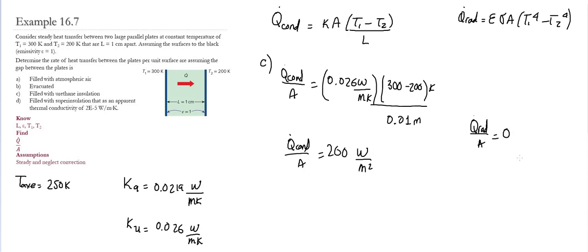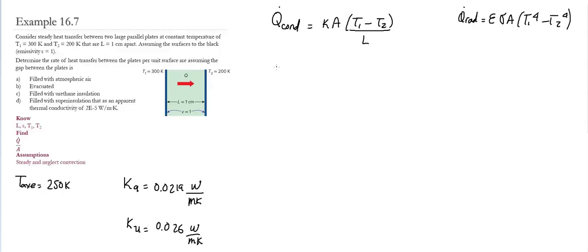And once again, because of the type of insulation that it has, it does not allow the radiation waves to move from one side to the other, and therefore the only component that we're going to have in this part is going to be equal to the 260 watts per meter squared, which comes only from conduction.